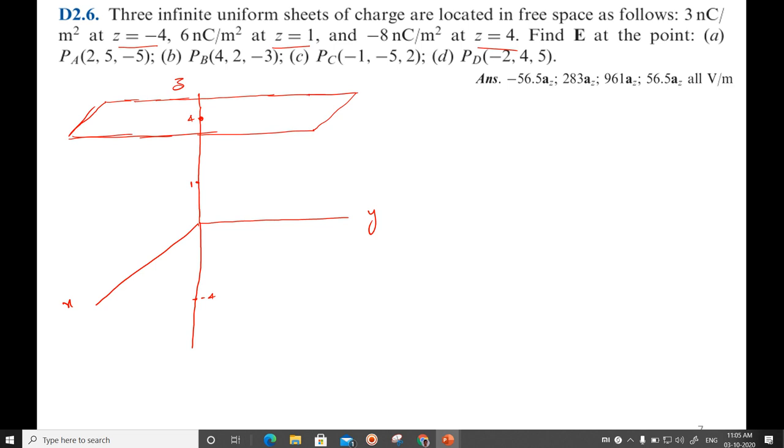Next, at z equal to 1, I will draw the same thing. It should be a straight line. Next, z equal to minus 4. One more sheet of charge is there.